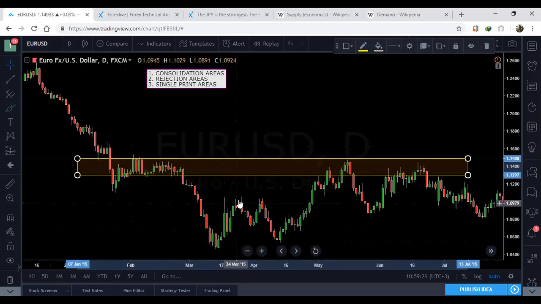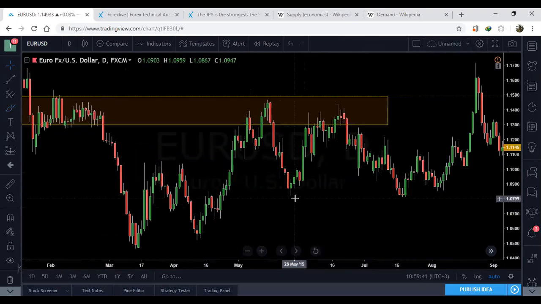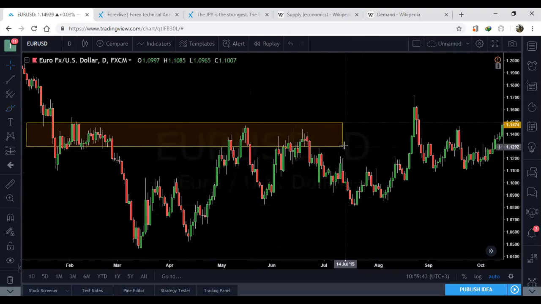Then price rallies, comes back to the level and gets rejected. Supply comes in and price goes down. You can see, it went on and on, I think from January to July.